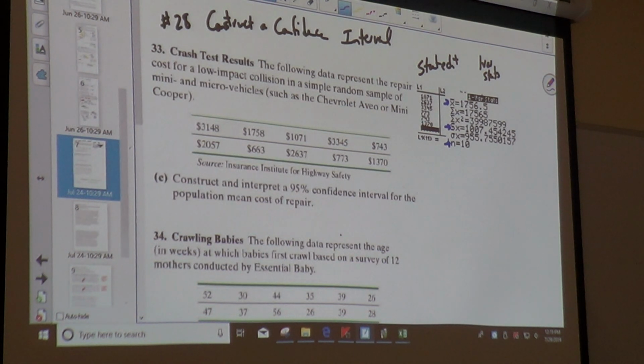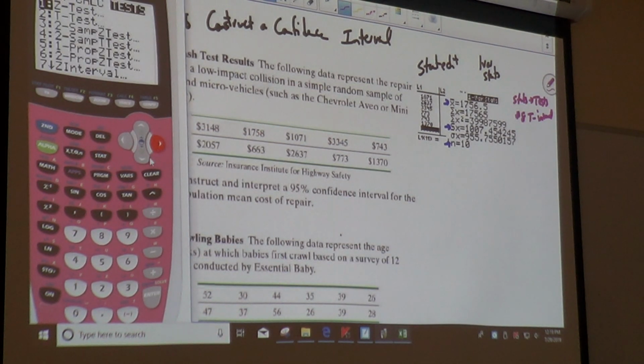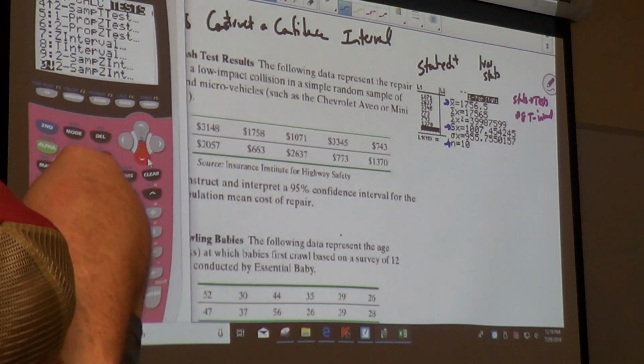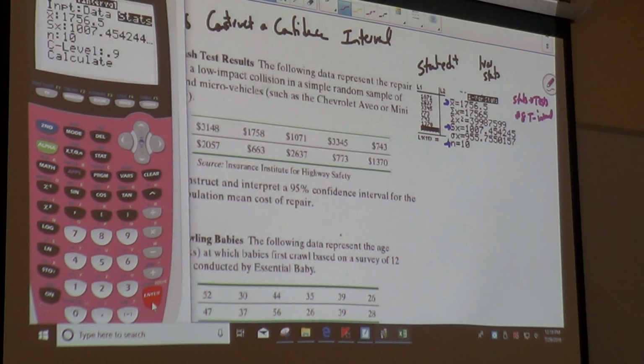And then finally, we're going to go to stat, over to test, and we're going to choose number 8, which is t-interval. Oops, wrong button. I'm going to do stat, over to test, and go down to number 8 and choose t-interval.